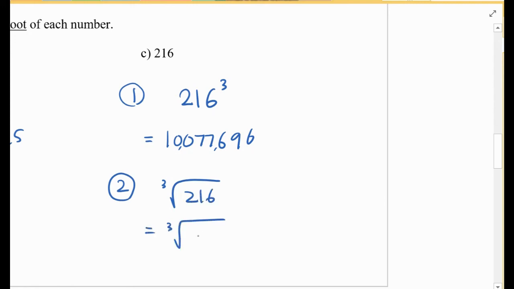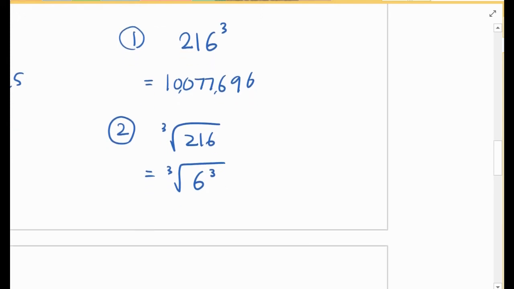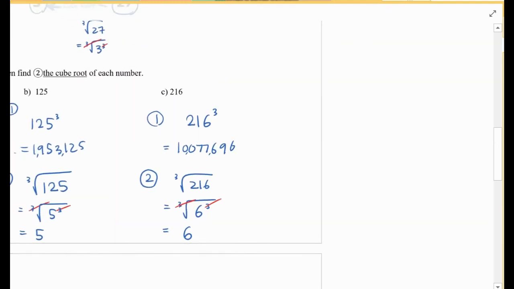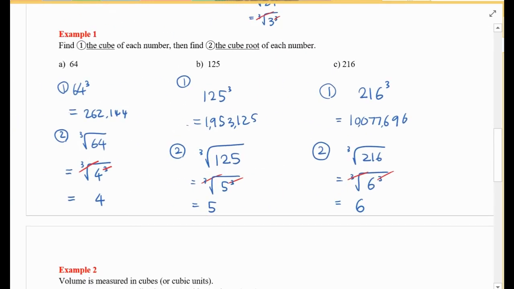That is 6 cubed. 216 is 6 cubed. Then we can simply cancel the cube root and the exponent 3. So the answer is 6. Okay? So this is how you find the cube and cube roots.